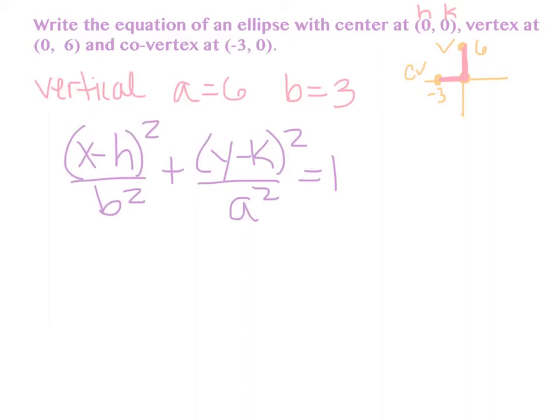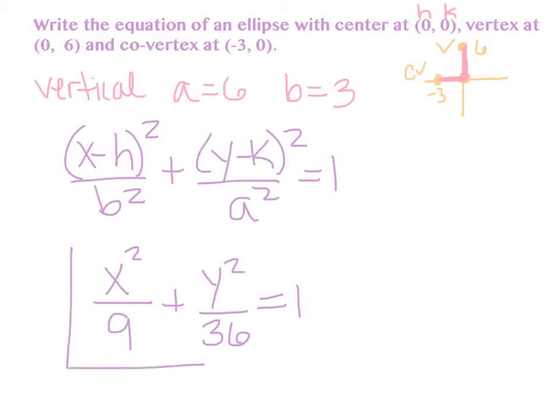H is 0, so that's just x squared. B is 3, so over 9. And then y minus k, well, k is 0, so y squared over 6 squared, which is 36, equals 1. So when you have these word problems, you just need to draw a little picture for yourself of the information that they give you, because then you can determine the letters, the things that you need to fill in the equation.